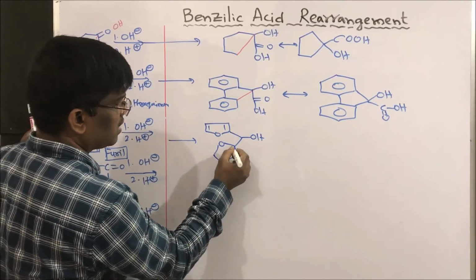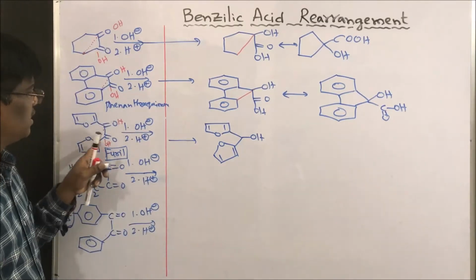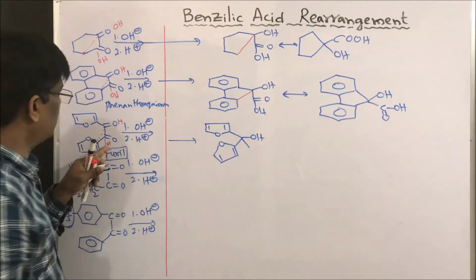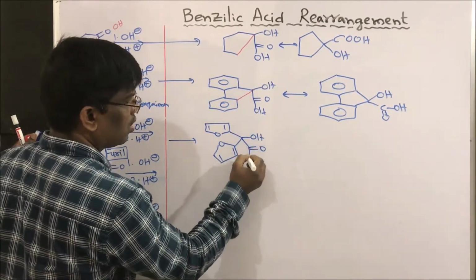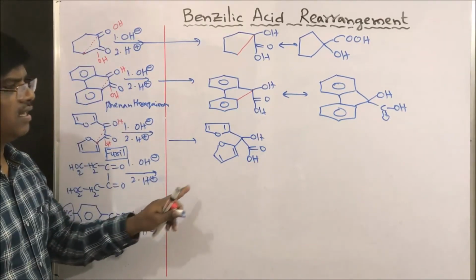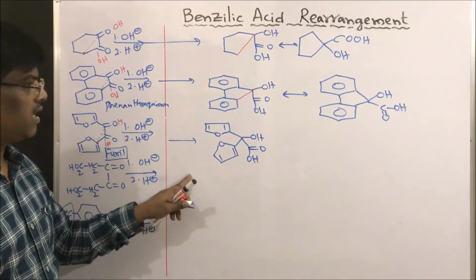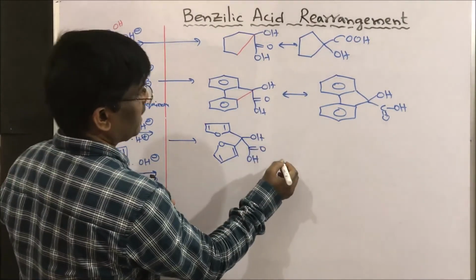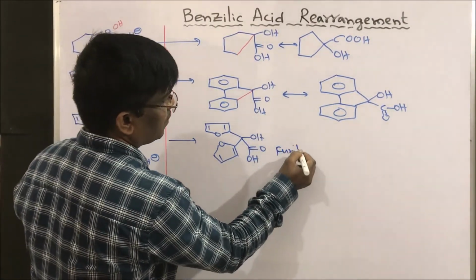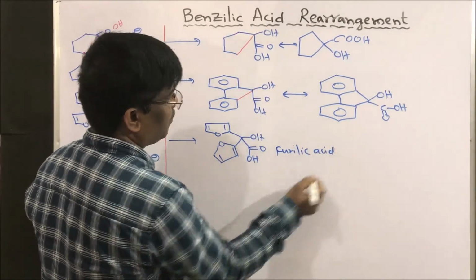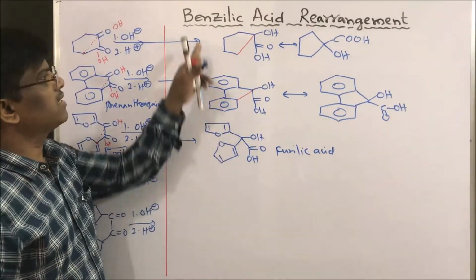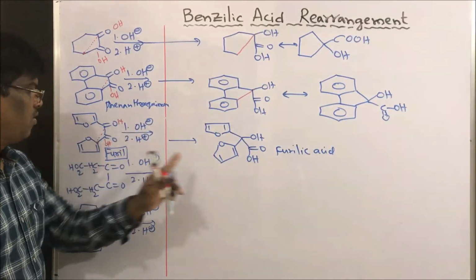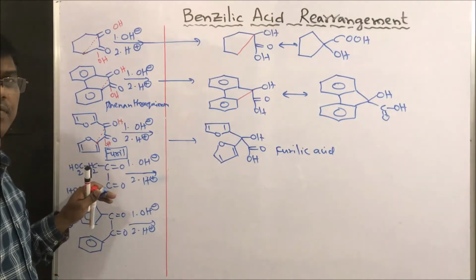I'm not going to disturb. So this compound here O and OH. Any confusion, students? So furyl to furilic acid. We are going to get furilic acid. Furyl to furilic acid, benzil to benzilic acid. And this is very, very important.